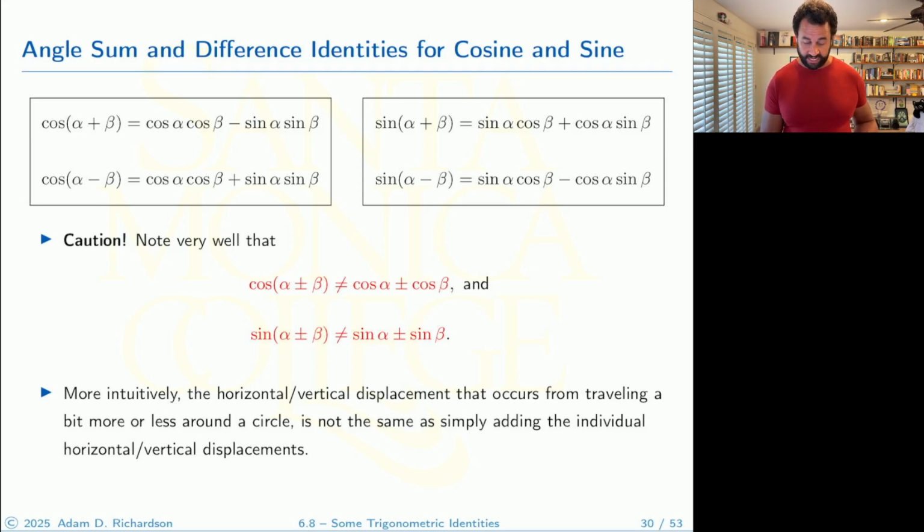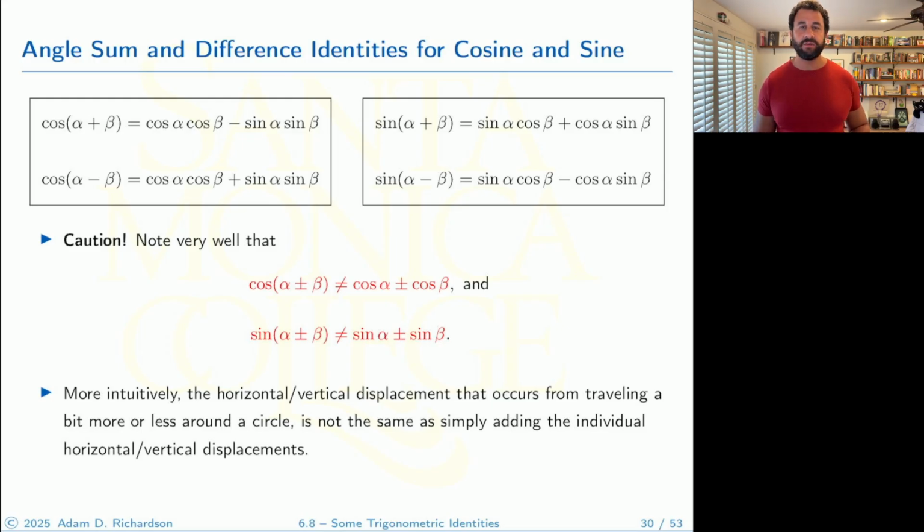More intuitively, what I'm saying here is the horizontal or vertical displacement that occurs from traveling a bit more or less around the circle is not the same as just adding the individual horizontal or vertical displacements. So beware. It's not just like distributing these things. Same thing with sine. Sine of alpha plus beta is not sine of alpha plus sine of beta. So beware of that error. That's a common error.